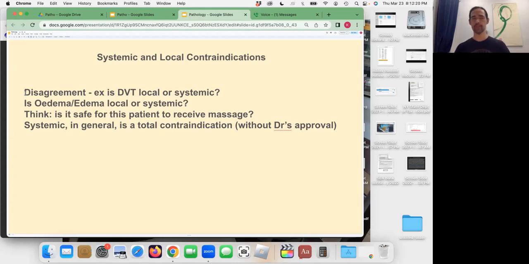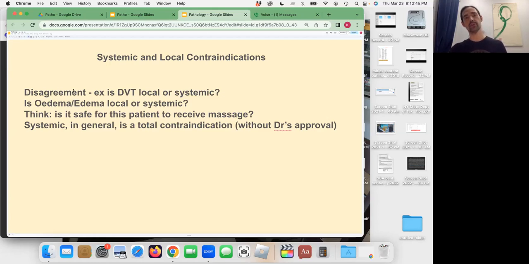For the most part, I'd like you to treat things in this section as though they are black and white, because that's just the best test taking strategy, in my opinion. Just decide for yourself whether something is local or systemic. I'll decide for you, but if you disagree with me, if I say something's local and you think that it's systemic, then go ahead and have that position.